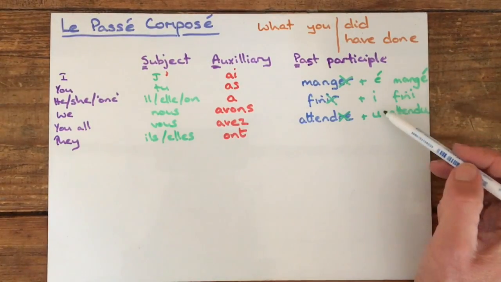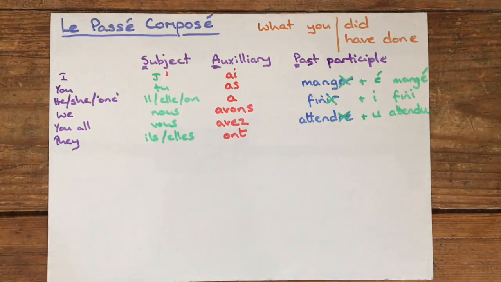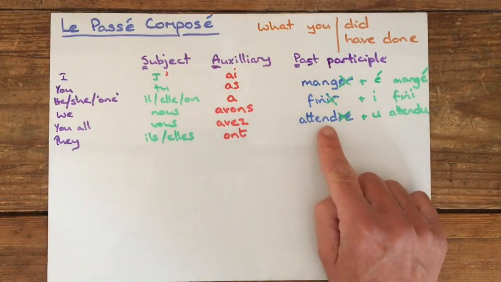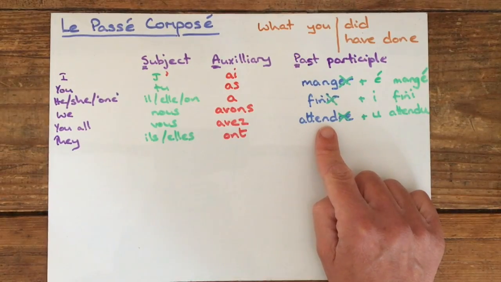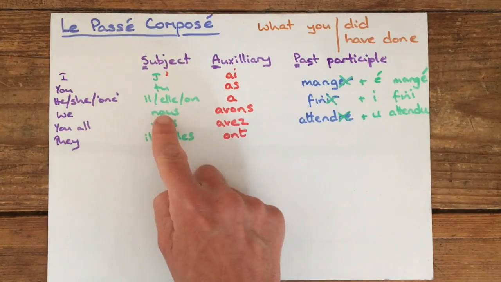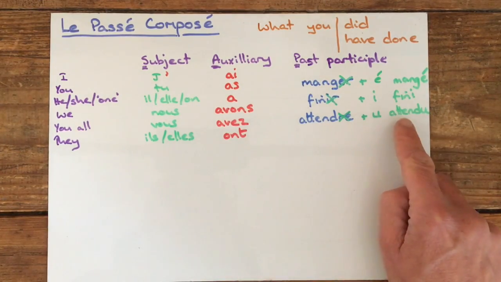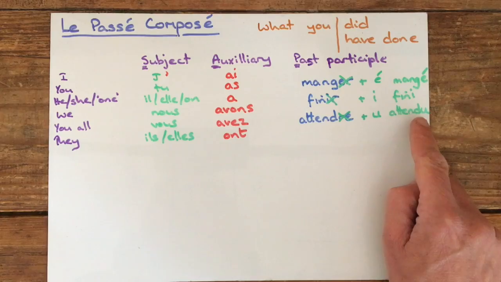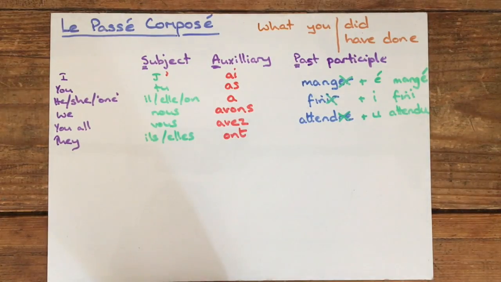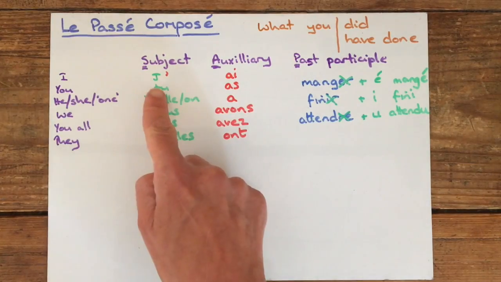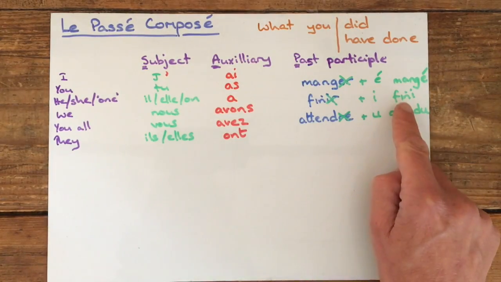Okay, so those are your three past participle endings for these regular verbs. So then you just put it together. Attendre means to wait. So we have waited: nous avons attendu. Okay? You singular have finished. Finir. Tu as fini.